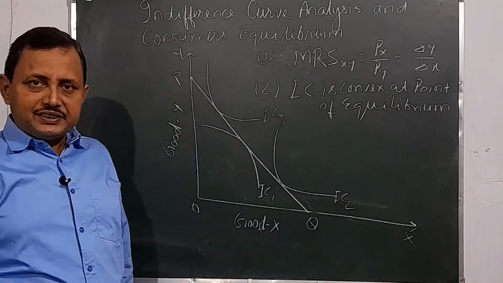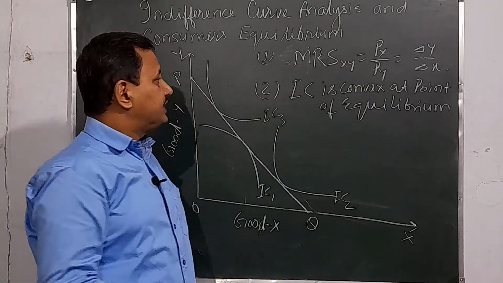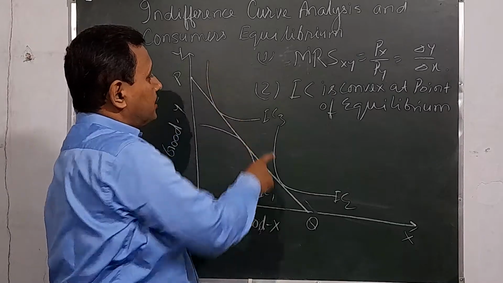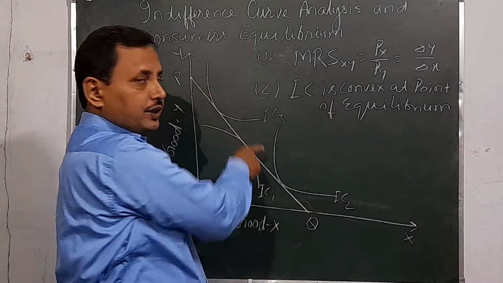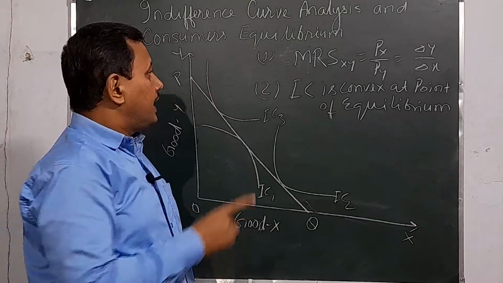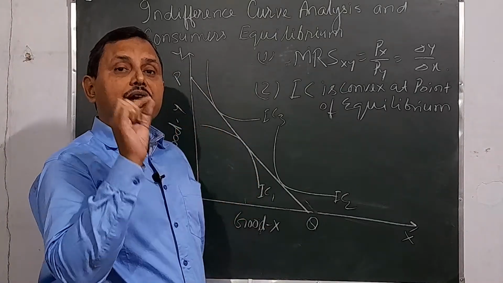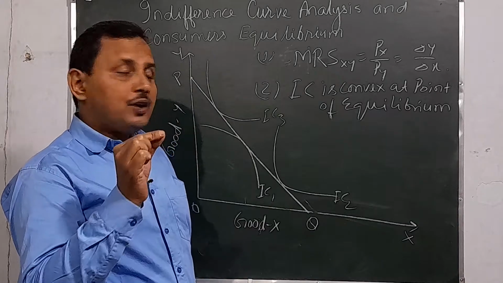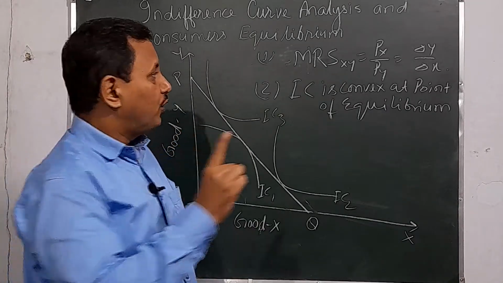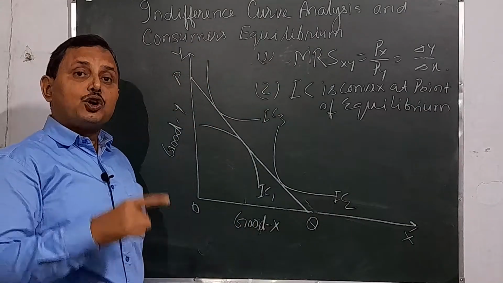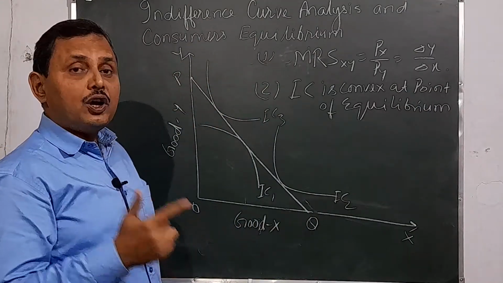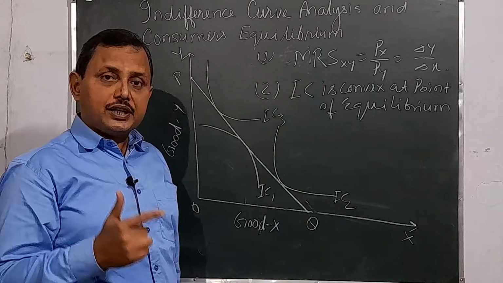What is convexity? Convexity indicates that the marginal rate of substitution of the indifference curve is decreasing. As the consumer is moving from left to right or top to bottom, the rate of substitution, the amount of good Y which the consumer is sacrificing for an additional unit of good X, is decreasing. And this is also in accordance with the law of diminishing marginal utility.